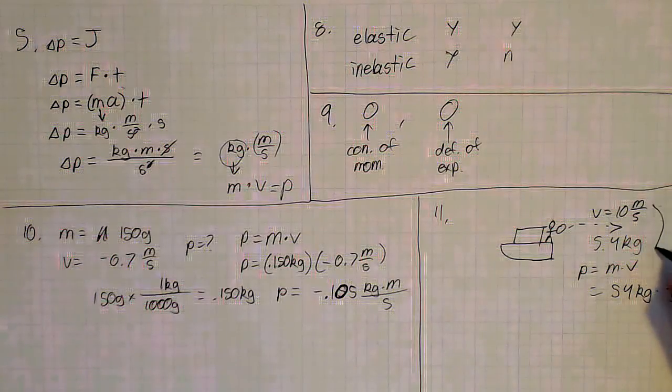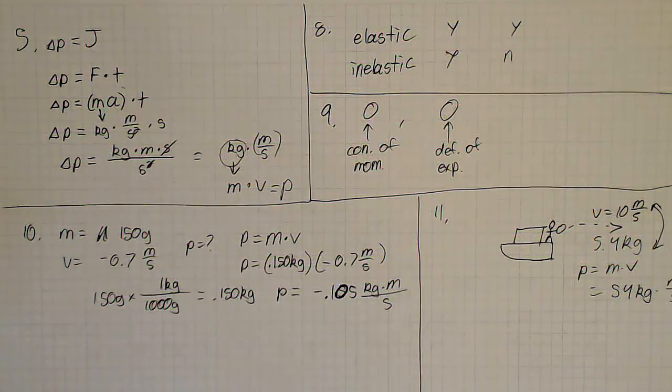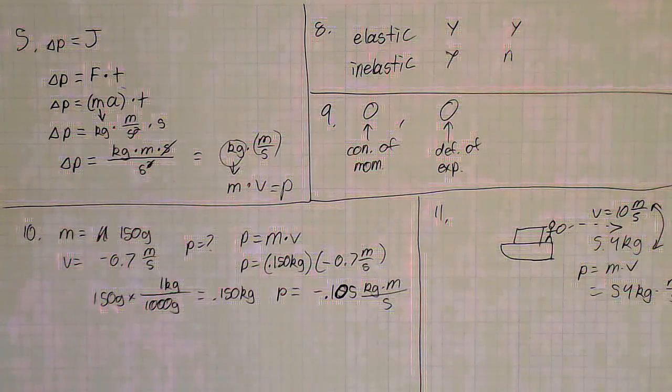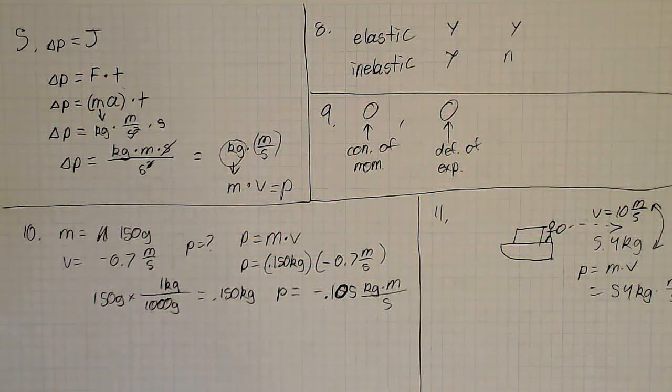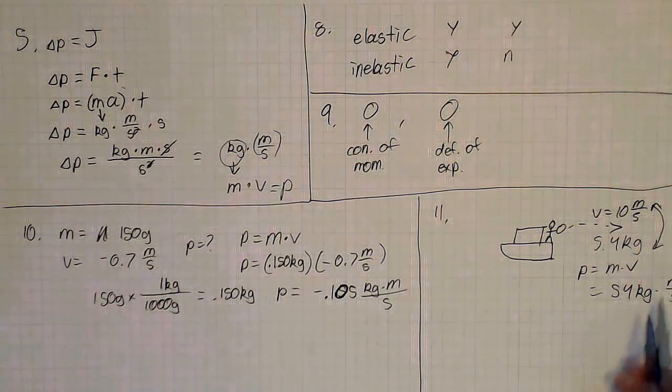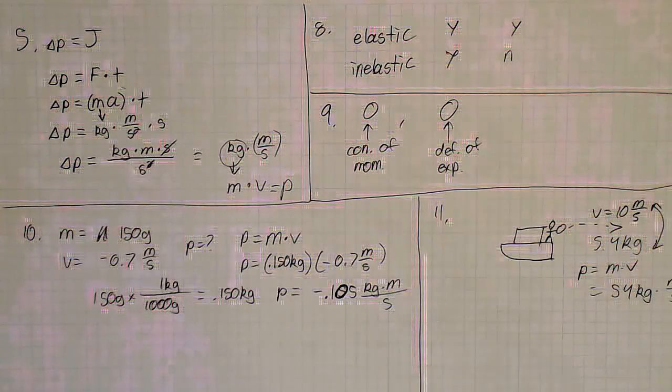I just multiplied these two together. Which means the momentum of the system has to be equal to 0. So this momentum has to be equal to the change in momentum of the boat.